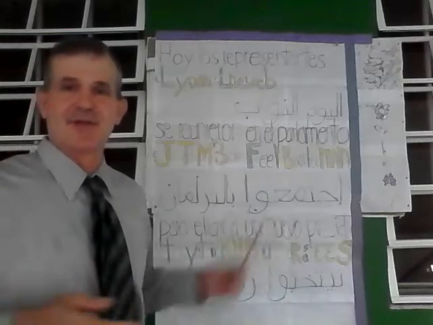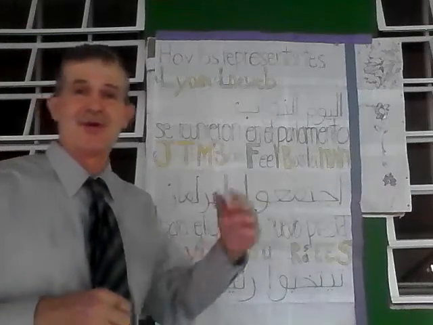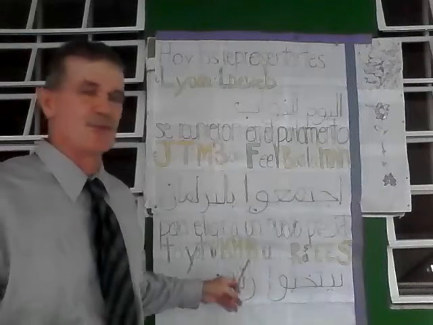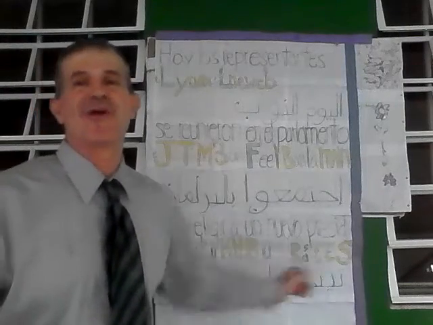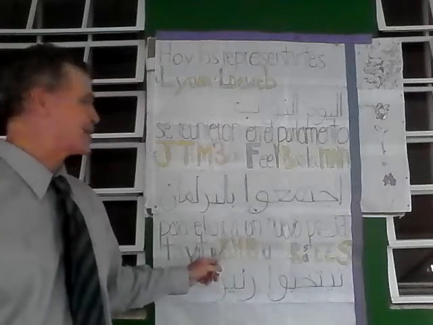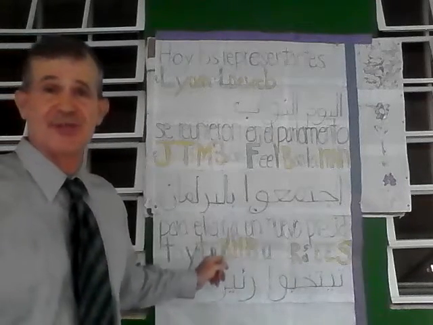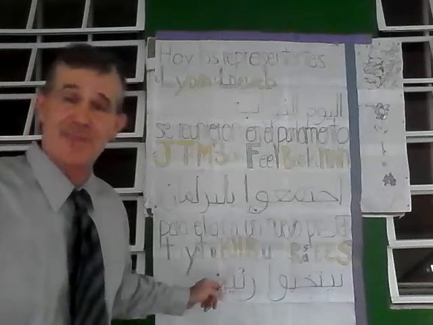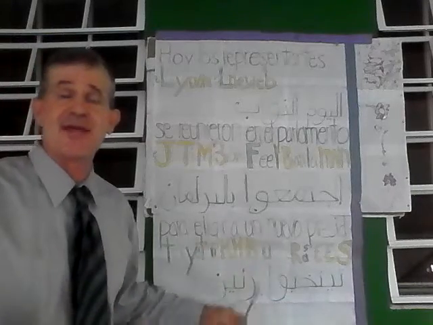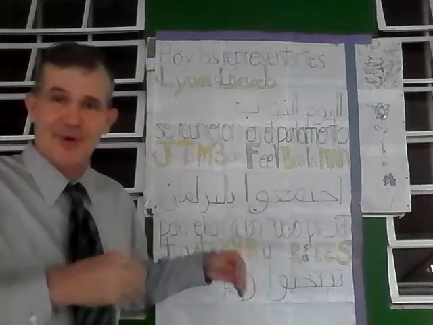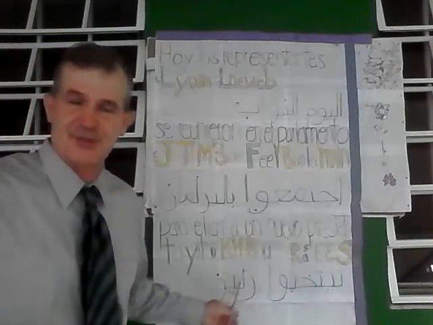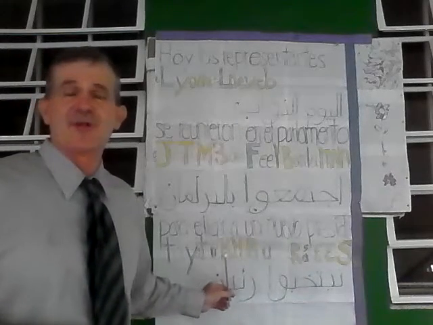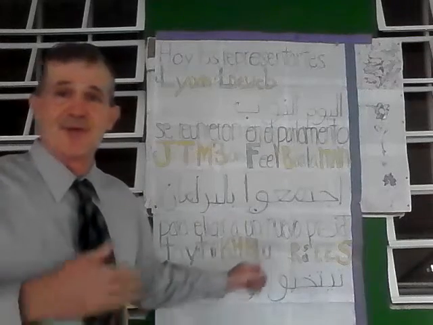Elegir is always elect, even if we're talking about a personal choice. Elegir, to elect, to choose. A un nuevo presidente. Notable in Spanish is this personal a here. This feature doesn't exist in any other language that I'm aware of, but when it's a person, their name or their job or their position or something about them, their profession, you have to use this personal a, before their name.